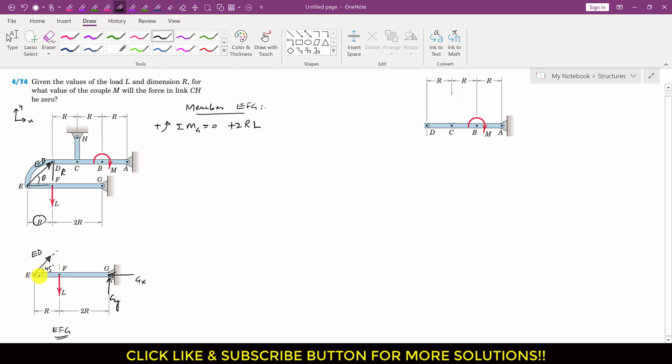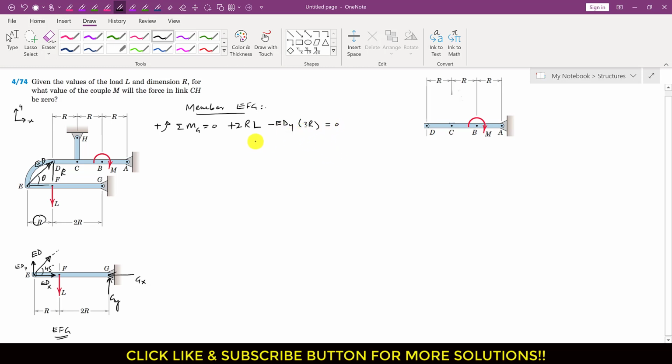And as we can see, this ED force will have two components. It will have one component like this, let's say EDX, and here we will have EDY. So this is the EDY component. Now, as we can see, this EDX is passing through that point G, so it will not produce a moment about point G. So only this EDY is producing the clockwise moment about point G. So I will write minus EDY, and the perpendicular distance of this EDY from point G is 3R, so I will multiply this with 3R, and this is equal to 0.